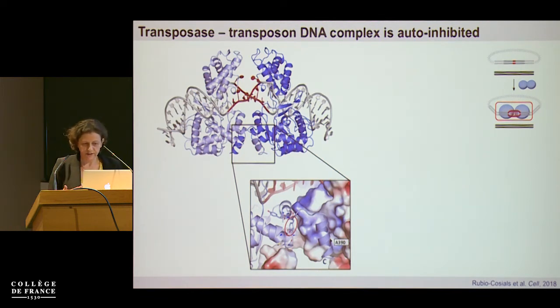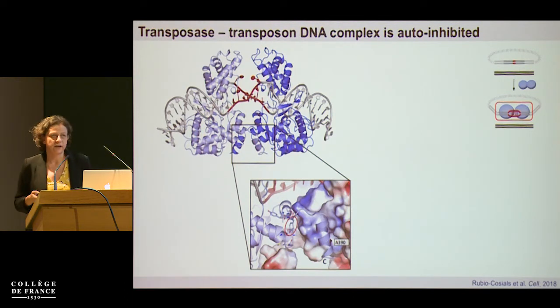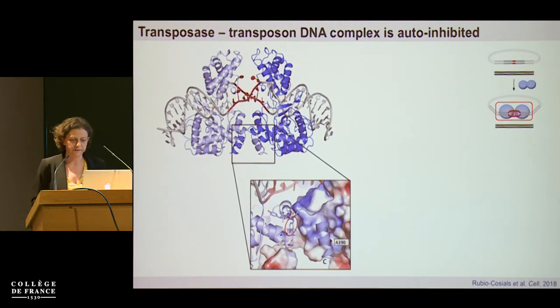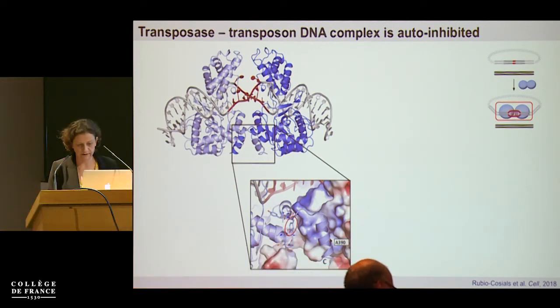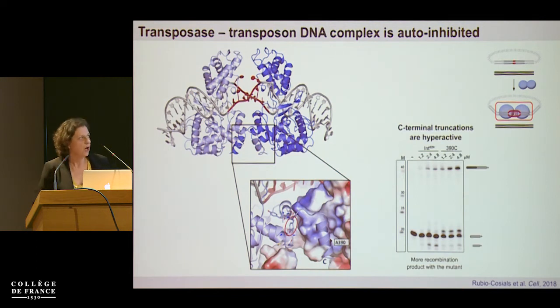This suggested that the structure that we had captured is actually an inactive state of the reaction, and so additional conformational changes will be needed for it to get activated and cut DNA. We have also proved this by shortening this C-terminal helix that blocks the transposase into this inactive state. By shortening, weakening this autoinhibitory interaction, we get a hyperactive transposon recombination phenotype.